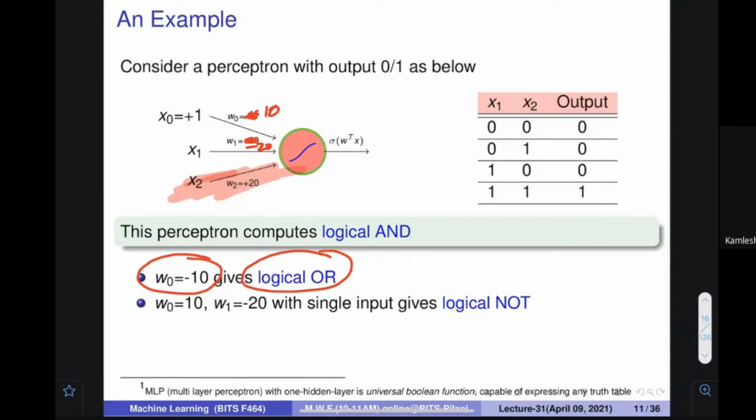There would be X1 and the output. So 0 and 1 are the two possible inputs. The equation becomes 10 minus 20x. When x is 0, the value is 10, which becomes 1. When x is equal to 1, this value becomes 0. So what is this?